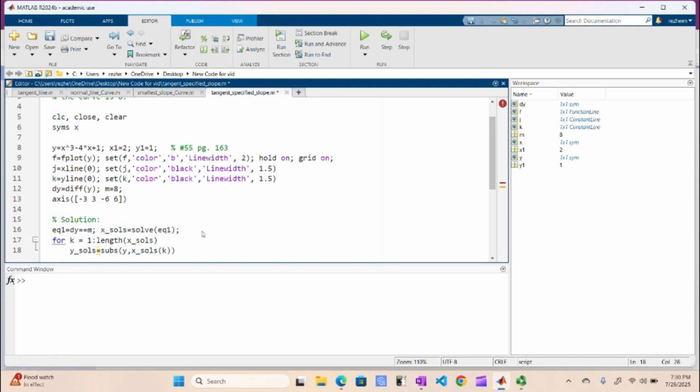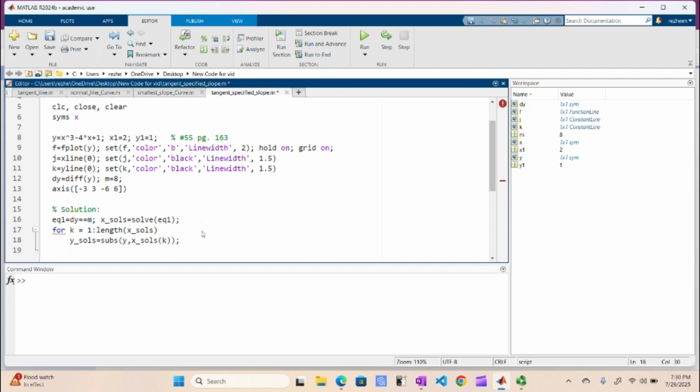So this finds all the y coordinates of the points that we are interested in, such that the slope will be 8. Then line equals m times x minus xsols k plus ysols.